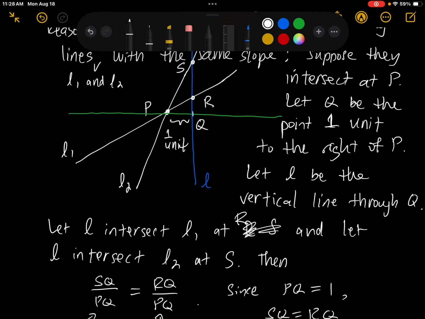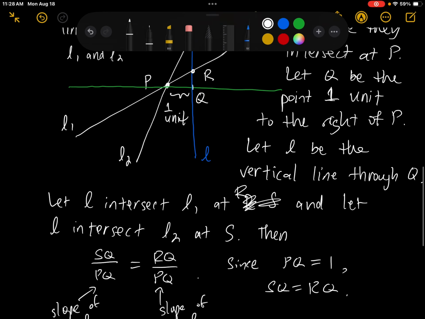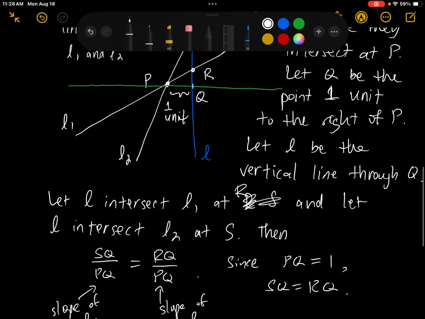But what does that tell you about the two points? Then S must be equal to R. Right? Yeah.